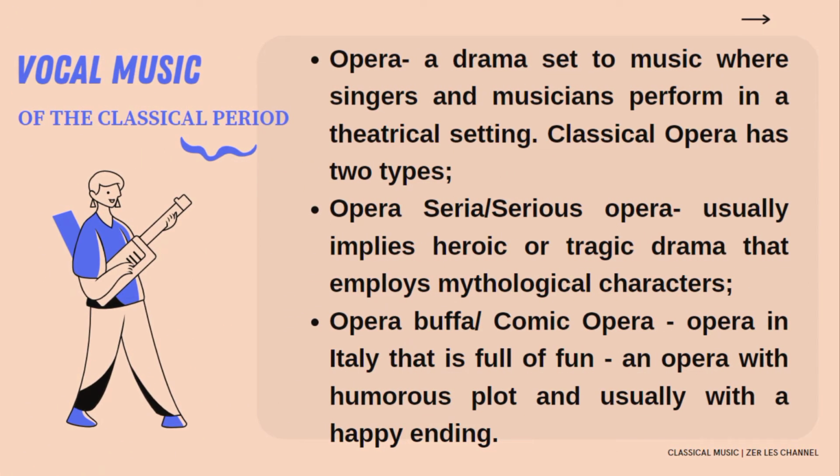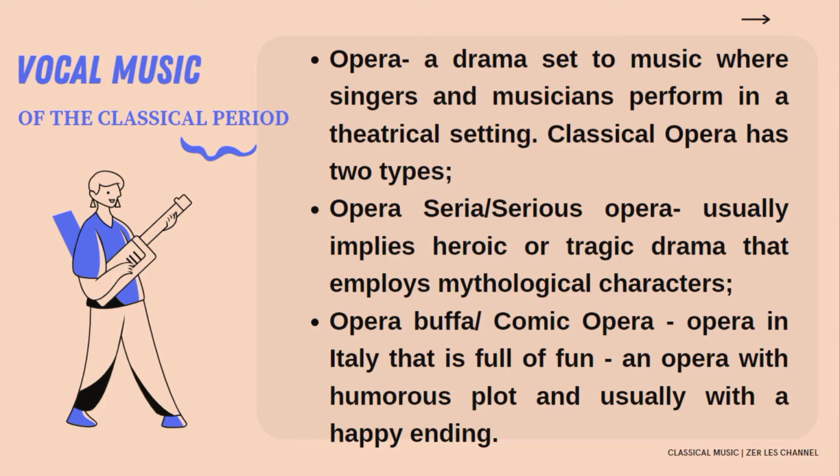Next to discuss is the vocal music of the classical period. Vocal music of the classical period consists of opera. Opera is a drama set to music where singers and musicians perform in a theatrical setting. Classical opera has 2 types.